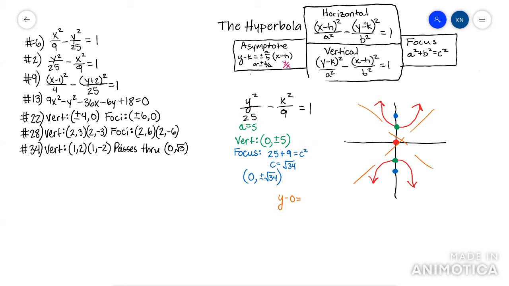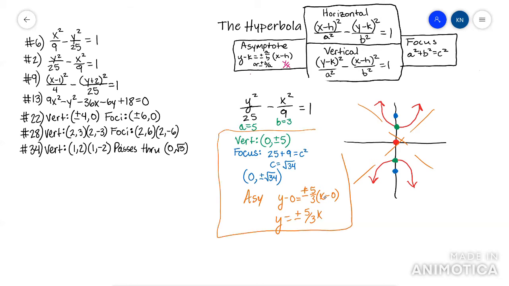And remember, b's not 9, b is 3. So it would look like this, 5 over 3. Just don't forget your plus minus. And then x minus h, which is 0. So my final equation for the asymptote would be y equals plus minus 5/3 x. And then I'd essentially be done after I had this information right here.